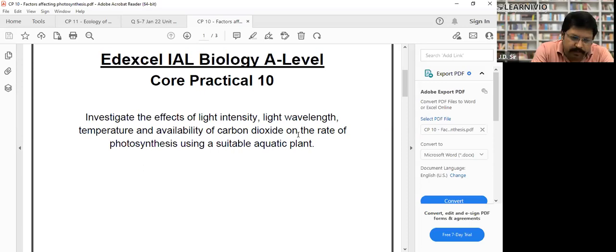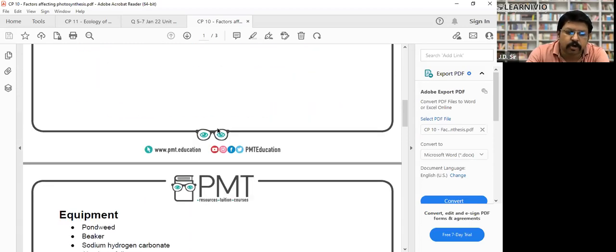We have to use the aquatic plant, and we have to investigate the impact of light on the rate of photosynthesis, right? And there are various factors like temperature, carbon dioxide, because we have studied in detail that these are the factors which affect photosynthesis. So here the experiment is saying that you have to prove the effect of different factors including light on the rate of photosynthesis, right?